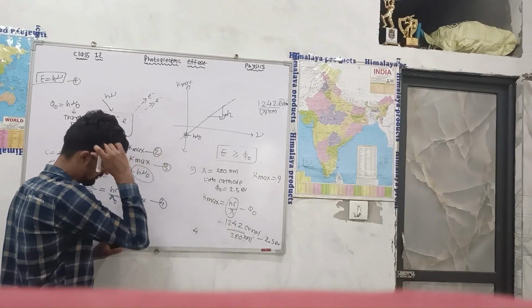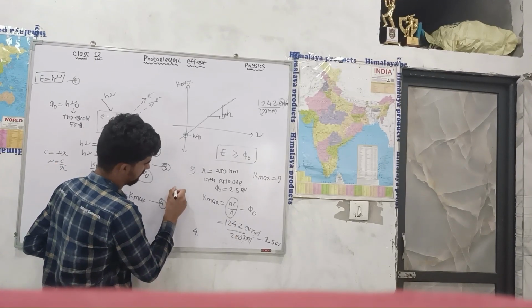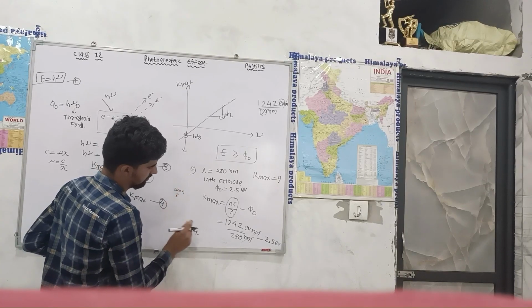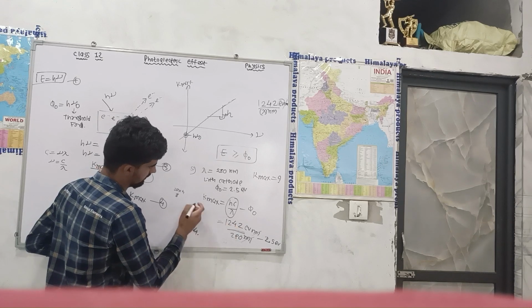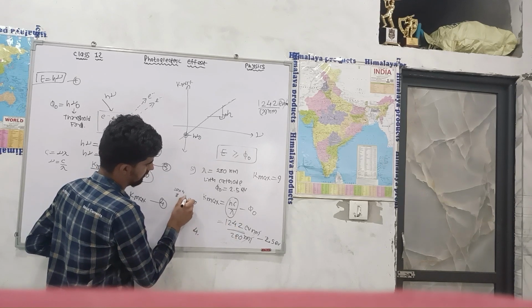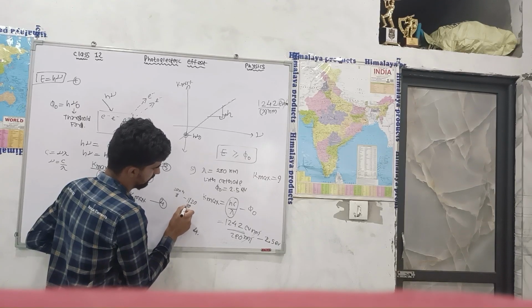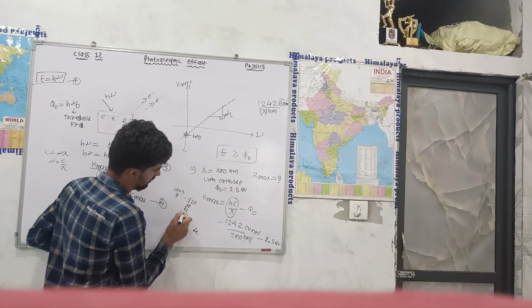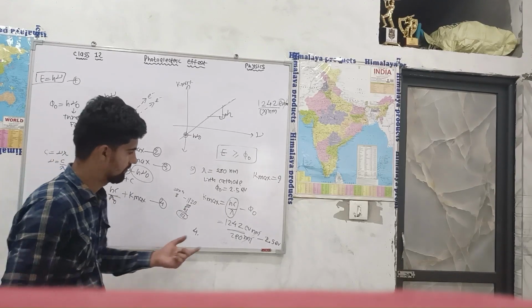The remainder is 20 into 4, 80. So 1200 minus 80, like 1120. We have the value 80 plus 42, 112. This is our value.